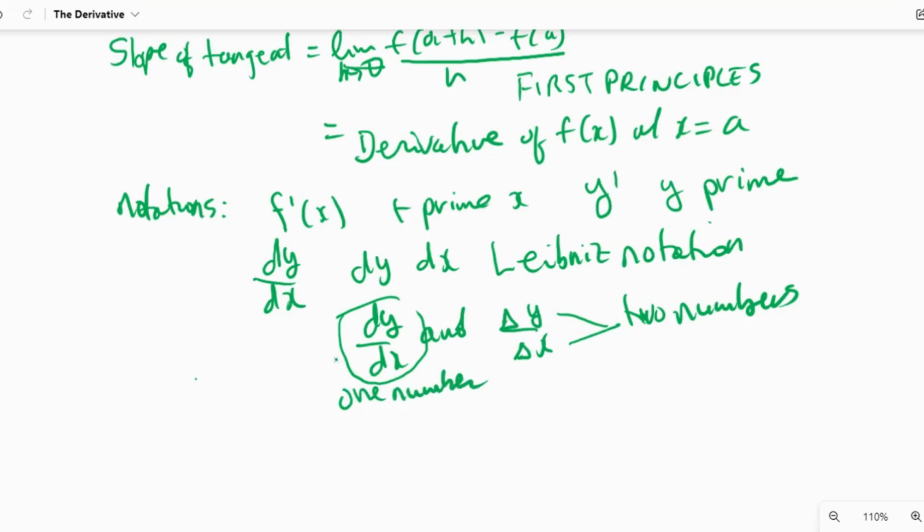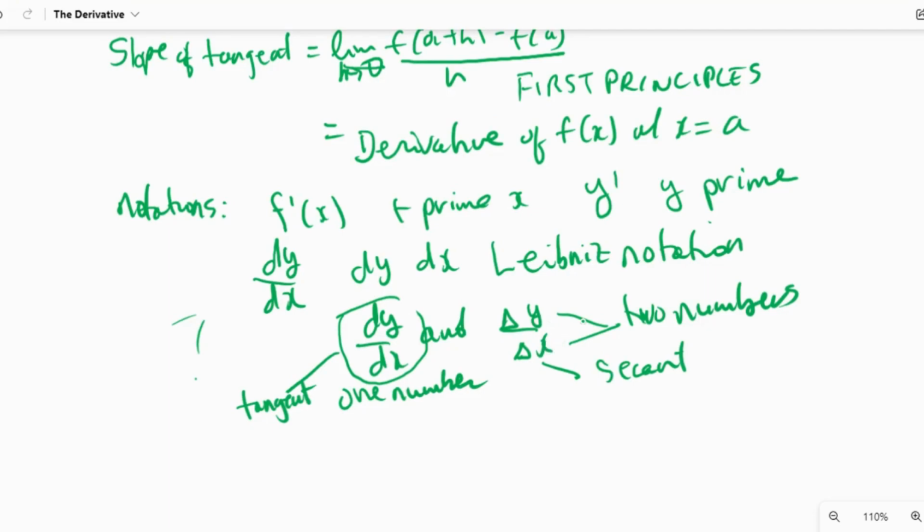So this is the slope of the secant, and this is the slope of the tangent. For delta y and delta x, there are two different numbers, but here we don't say dy over dx, we say dy dx. And here we say delta y over delta x because they are two different numbers.